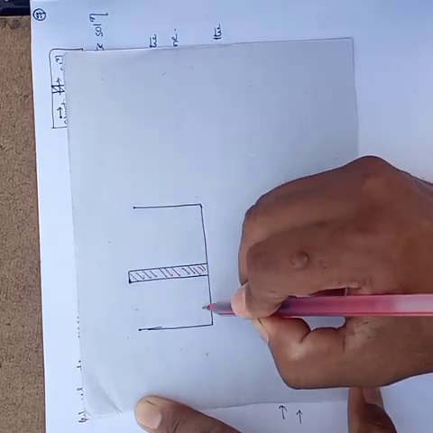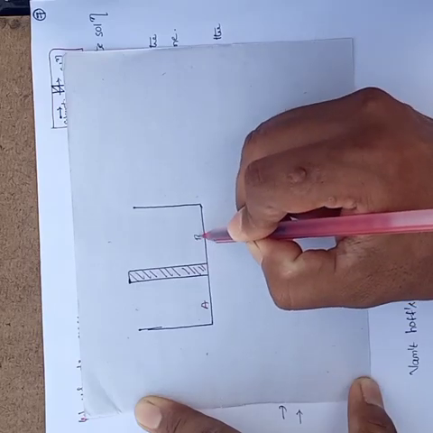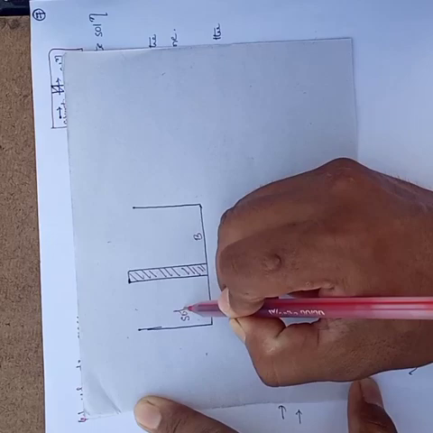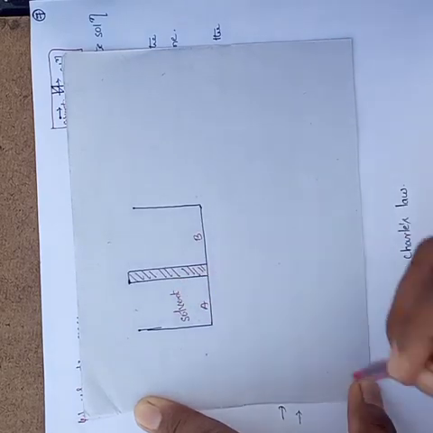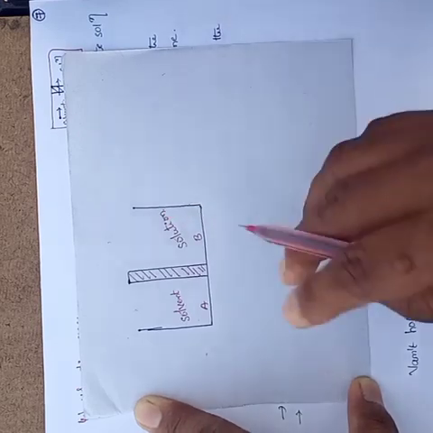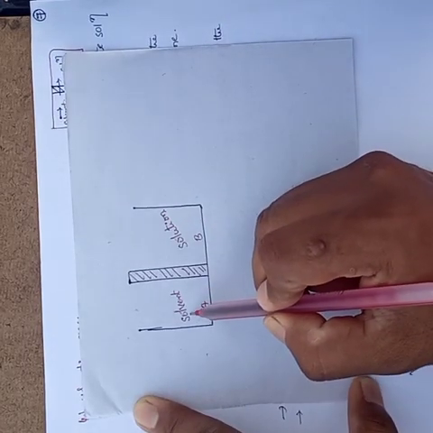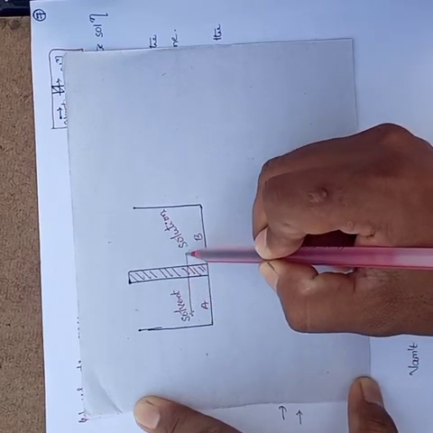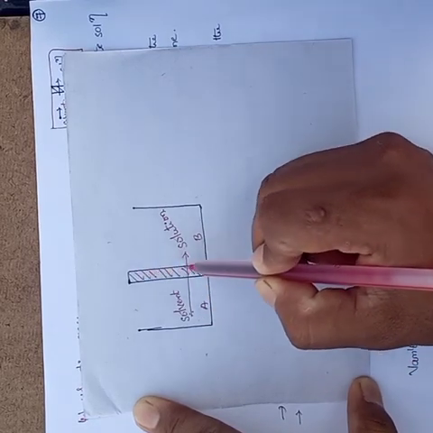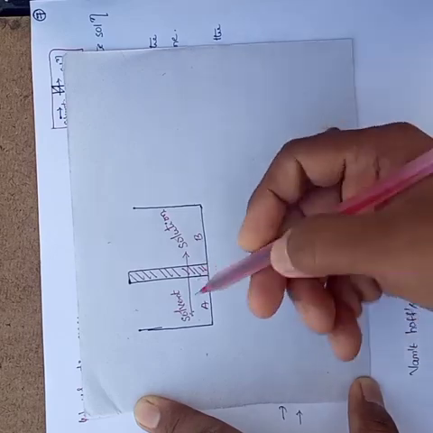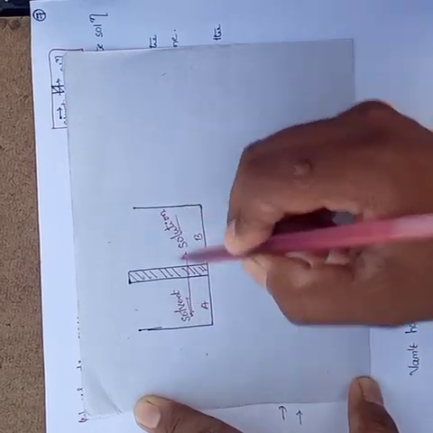Now you get compartment A and compartment B. In compartment A you take only the pure solvent, and here you take the solution. The spontaneous flow of the solvent molecules into the solution through this semi-permeable membrane is known as the osmosis process.